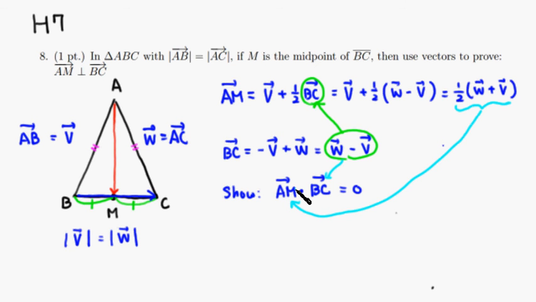Use the properties to work it out, and make sure to show that this is actually equal to 0. If you can do that, then you can say therefore, so you have to fill in the gap here. Then you can show that since the dot product is equal to 0, these two vectors must be perpendicular to each other.